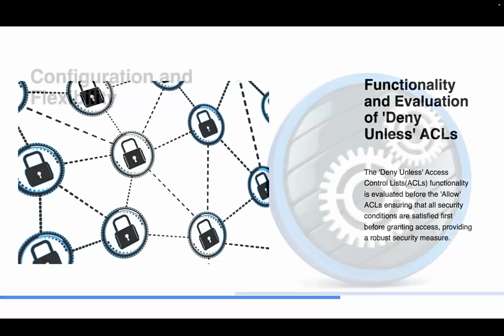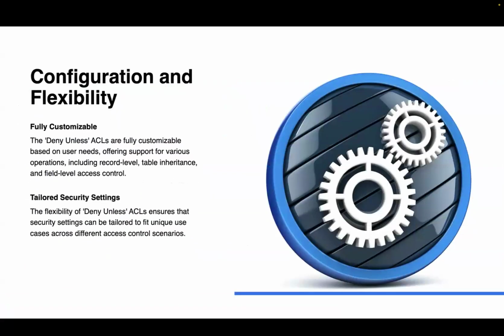Correct? Then talking about the configuration and flexibility, one of the best things with deny unless ACL is that it is very flexible. Out of the box, there are no preset ACLs present. Each instance can be uniquely configured for our customers, and this model covers ACL types and operations, including table inheritance.